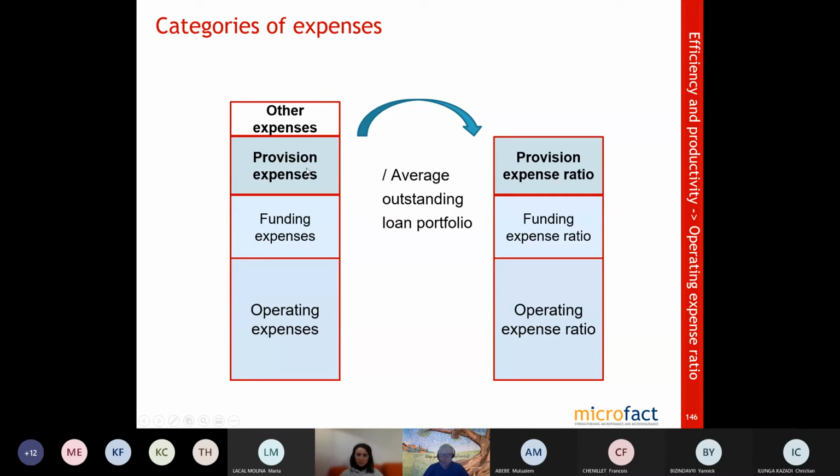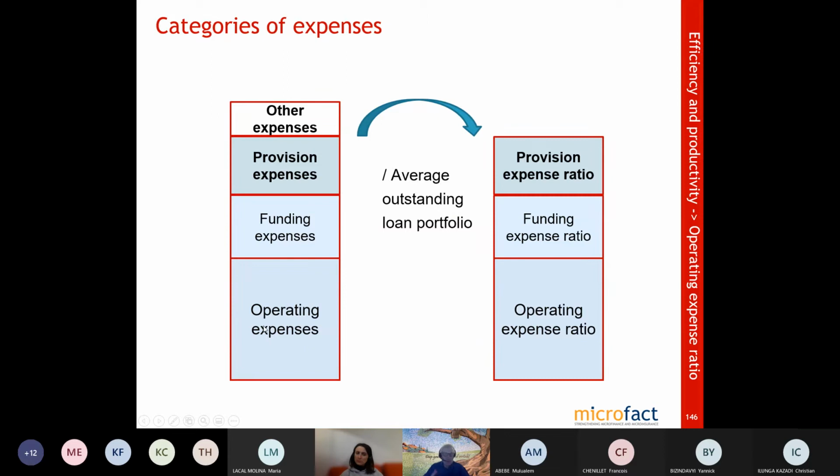And the provision expenses, that's the expenses we discussed already when talking about portfolio quality. On top of that, you do have also other expenses. But in a microfinance institution, when you have these three, you can say that this is, let's say, 95% of all expenses. So it's not covering all expenses, but nearly 95%. So we focus on these three groups.